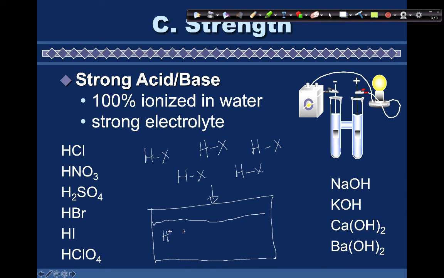So I'll have H+, that's the first one. The second one will do the same. The third one will do the same. The fourth one will do the same. And then the fifth one will do the same. So it ionizes completely when you put it into a solution. However much acid you put into the water, that's how many hydronium ions you create, or hydroxides, if we're talking about a base.